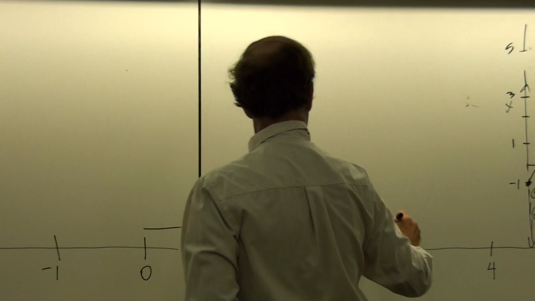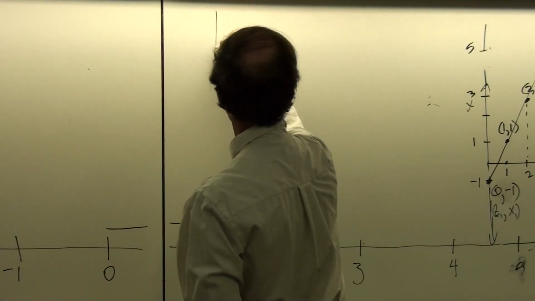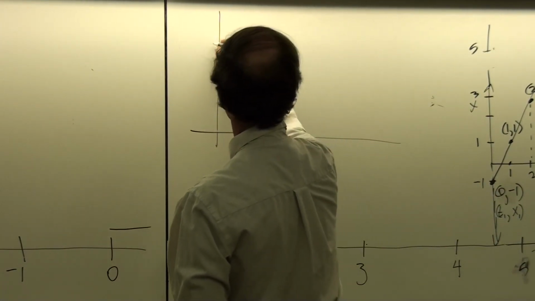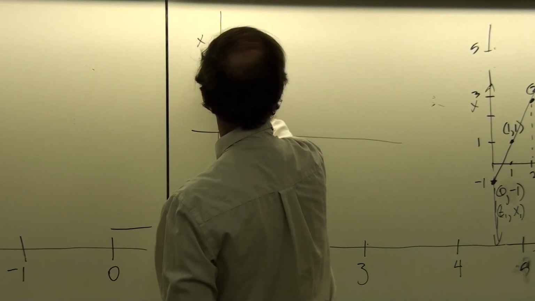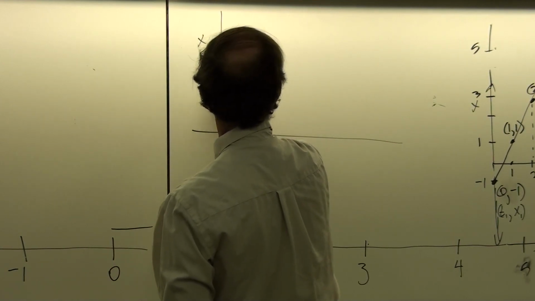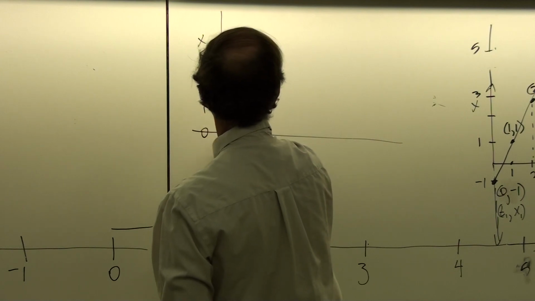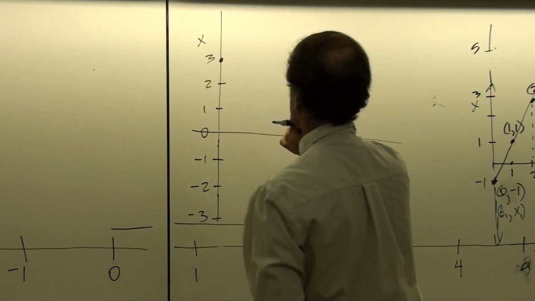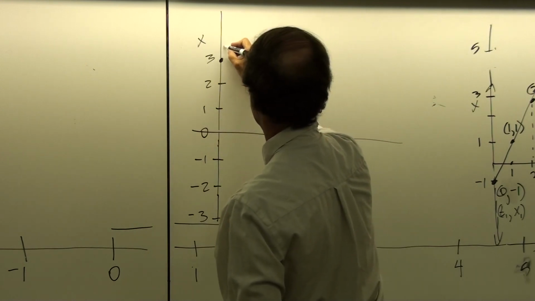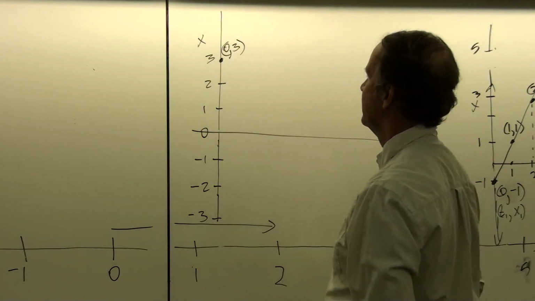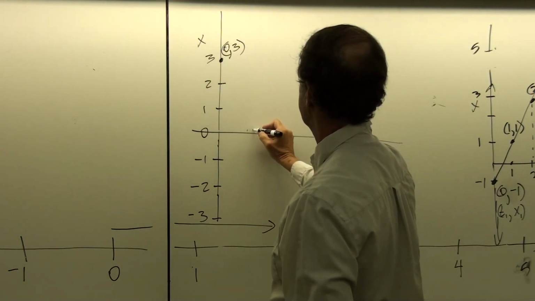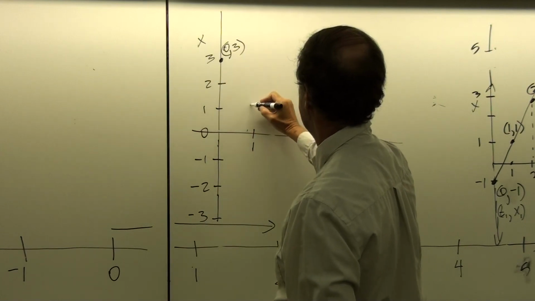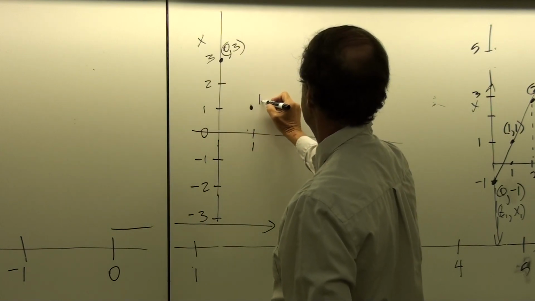Okay, so if I go from, say, 3 to 1 in 1 second, then I'm going to start out here with x at 3. This is 2, 1, 0, minus 1, minus 2, minus 3. Okay, so we'll start here then at 0, 3 for our initial time and our initial position. Then after time equals 1 second, we're at 1, 1.